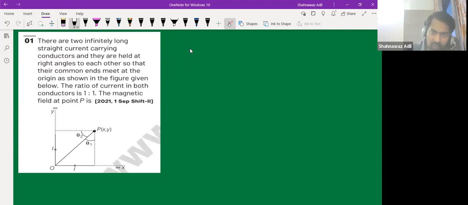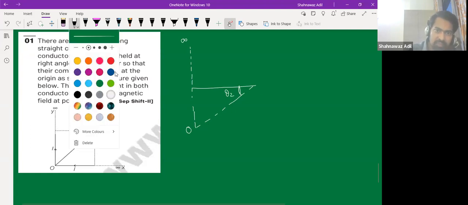Sir, is it infinitely long? Yeah, this one is infinitely long, and this part is finite. So this angle is theta 2. This distance would be how much?